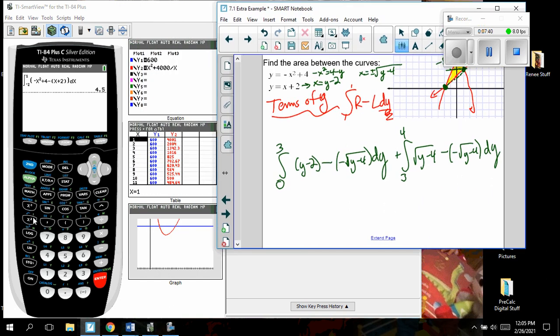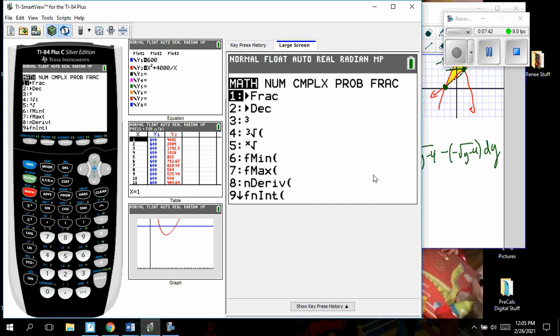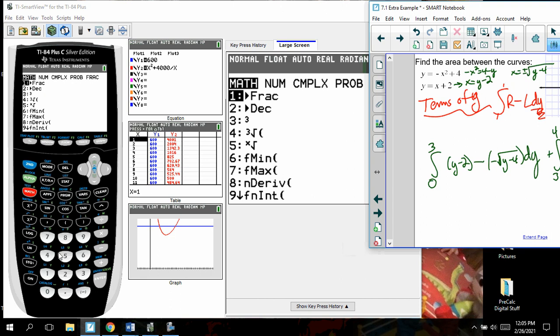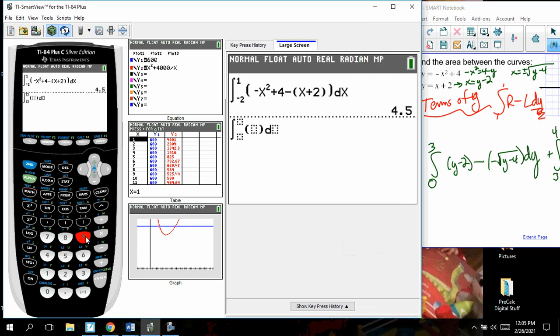Okay, so my integral, again, math, oh, that didn't work. Let's slide right here. There we go. So math 9, and I've got 0 to 3. Now, your calculator doesn't need y, so I'm just going to do x's instead.